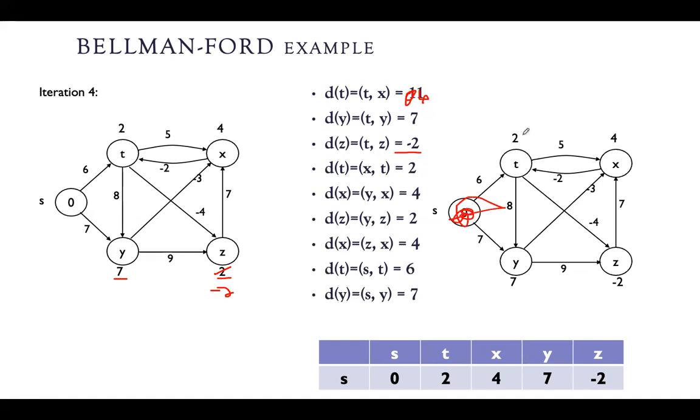From S to T was 2, S to X was 4, S to Y was 7, S to Z is -2. So we get the distance array, which gives the shortest distance from source to all the vertices.